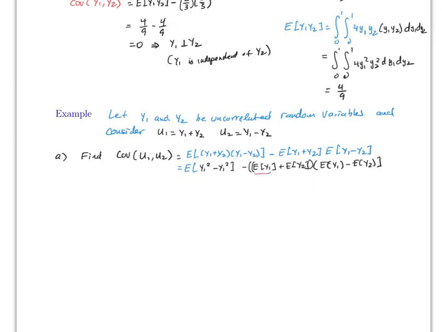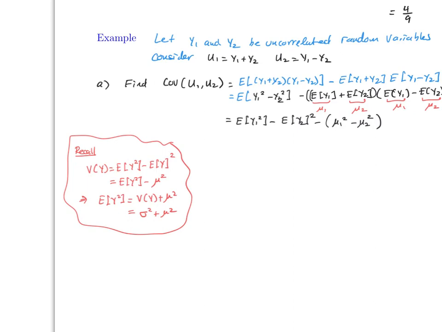Remember that we can just call this mu1, this is mu2. So therefore this will give you the expected value of y1 squared minus the expected value of y2 squared minus, if we distribute here, this will give you mu1 squared. Then the middle terms will cancel and you end up with mu2 squared.